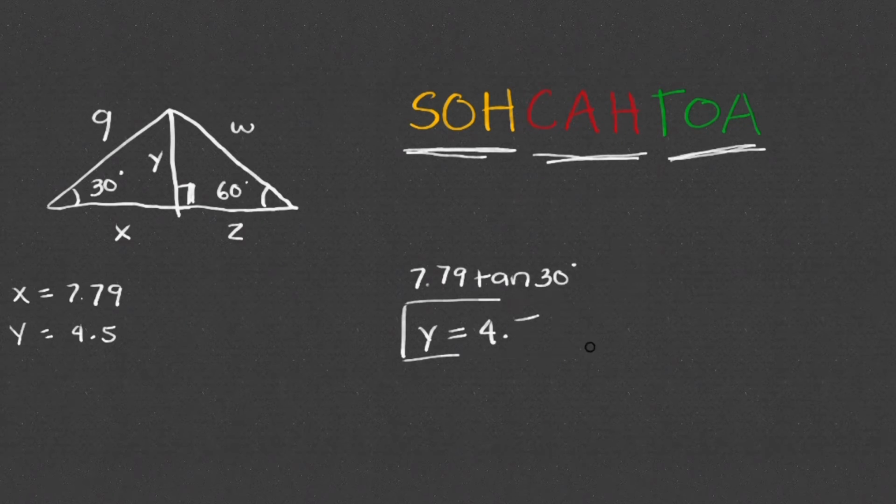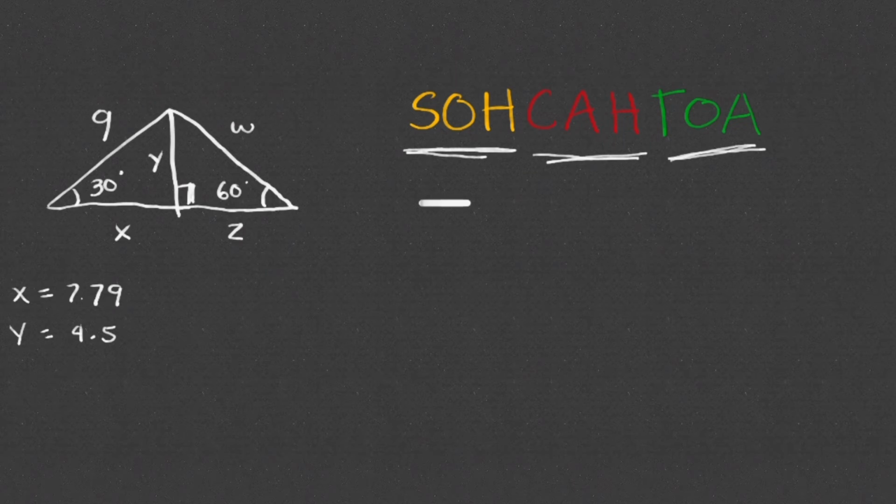So for the next triangle, let's try to solve for the w. Since we have the value for the opposite, which is y, and we're gonna find the w, which is the hypotenuse, we're gonna use the SOH, which is sine theta, which is 60, is equal to the opposite y over the hypotenuse w.